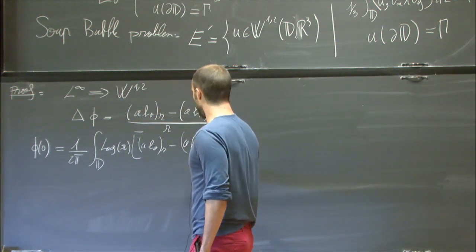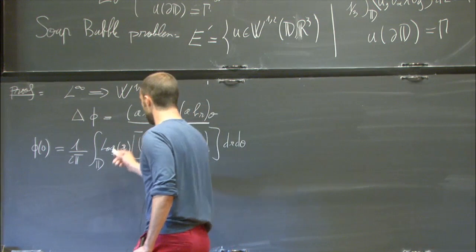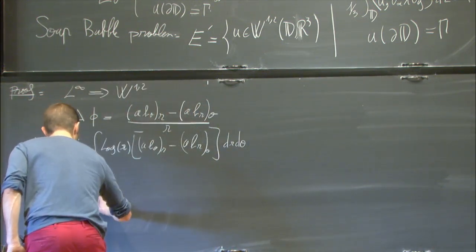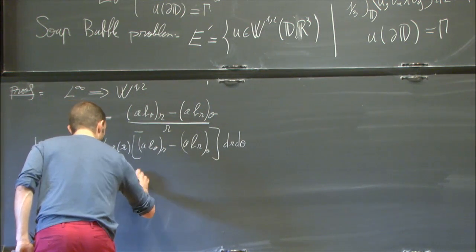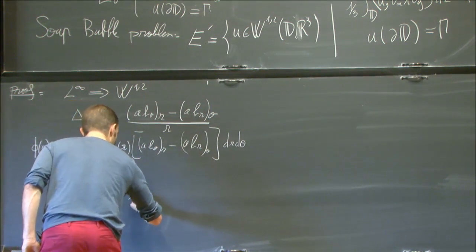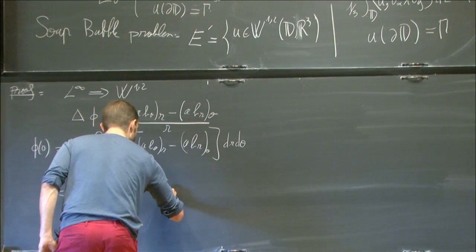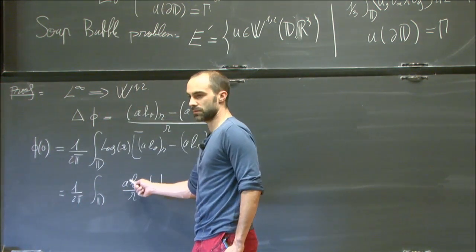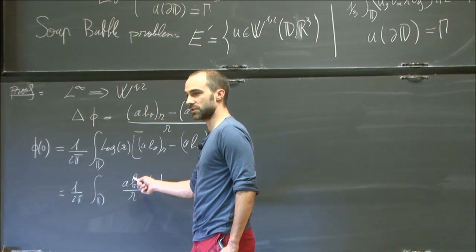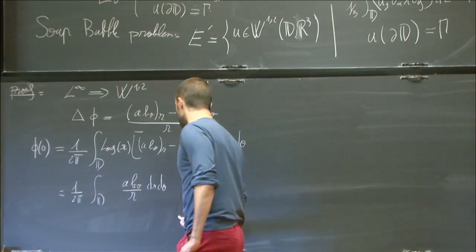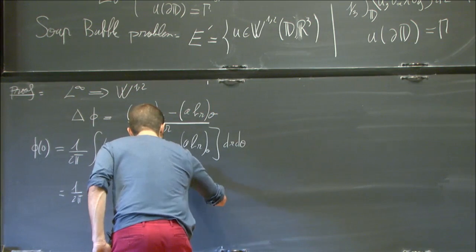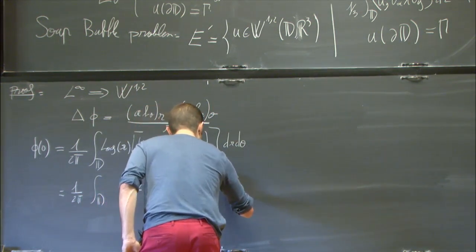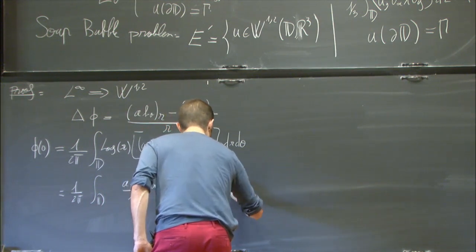And then we integrate by parts. Of course, this term disappears. Since the integral in theta is vanishing over every circle, then we can subtract the mean value of A.